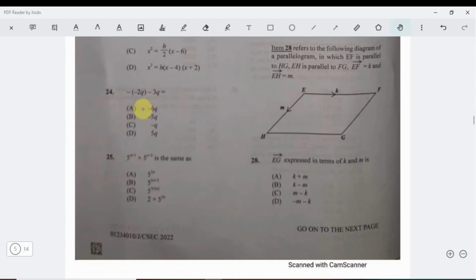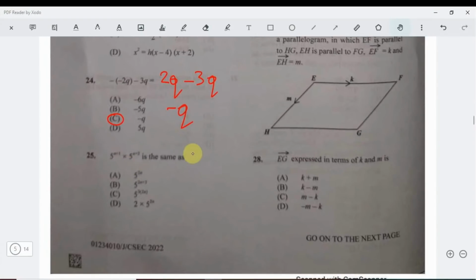Question 24. Minus 2q minus 3q is, minus and minus become plus, so that's 2q minus 3q, which is negative q. Negative q is option C. Alright, question 25. We have 5 to the n plus 1 multiplied by 5 to the n plus 2.